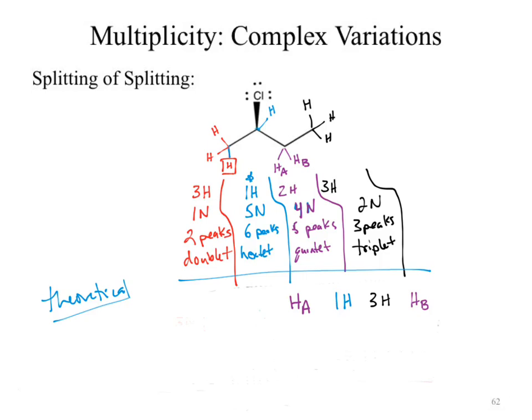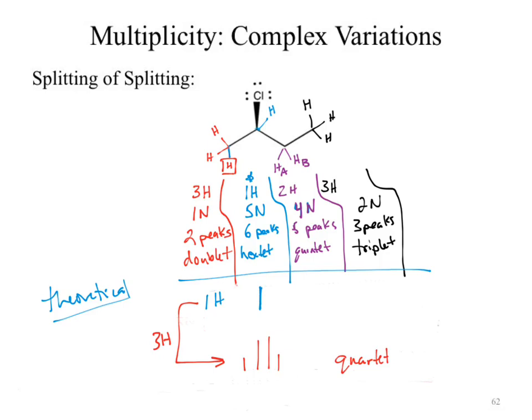Yes? I'm just kind of getting confused where you got the name of quartet and triplets. I'm glad you asked that now. So if we start with our blue hydrogen again, we had one signal that represented our one hydrogen. What happened to that signal? It was split by our 3 hydrogens, which gave us 1, 2, 3, 4 signals. There's our quartet.